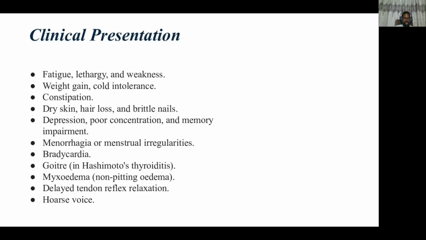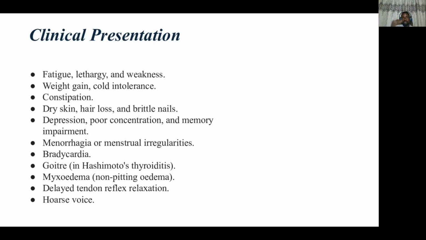Patients are likely to present with constipation because of decreased bowel movement. Dry skin, hair loss, and brittle nails are also common in patients with hypothyroidism. Patients can also, well, not really surprisingly, have depression, poor concentration, and memory impairment as clinical presentations of hypothyroidism.